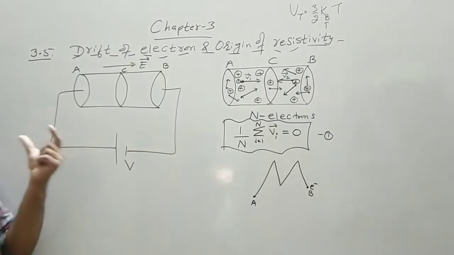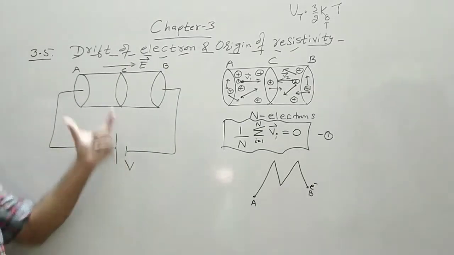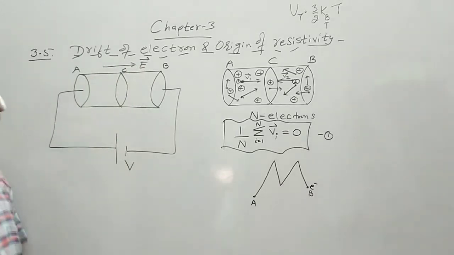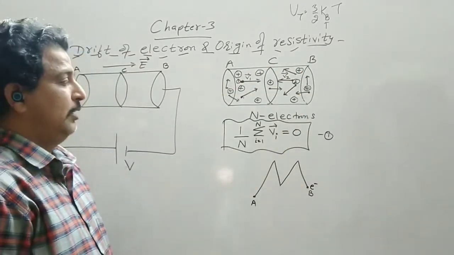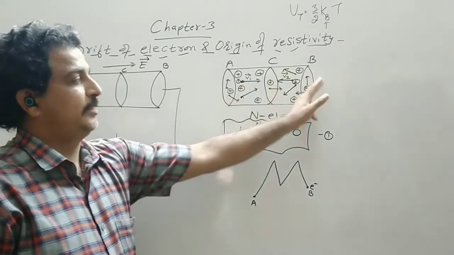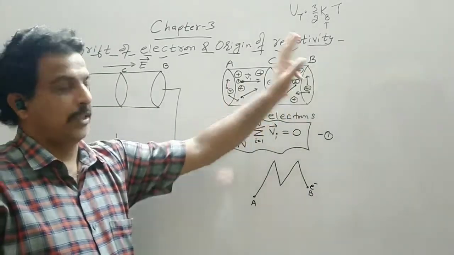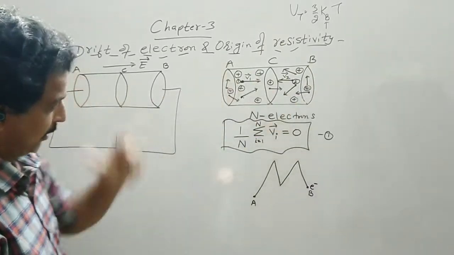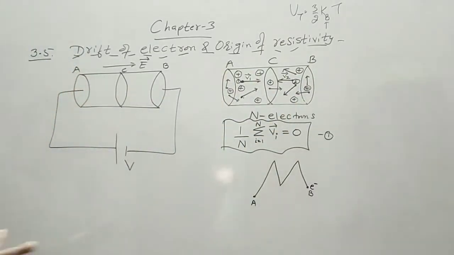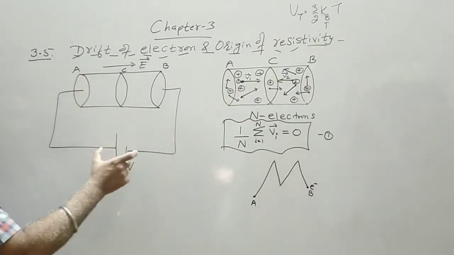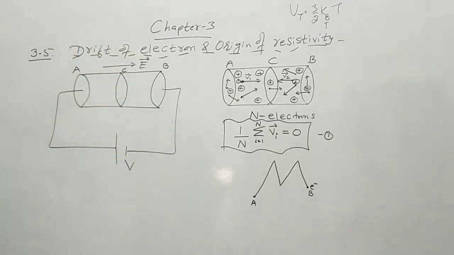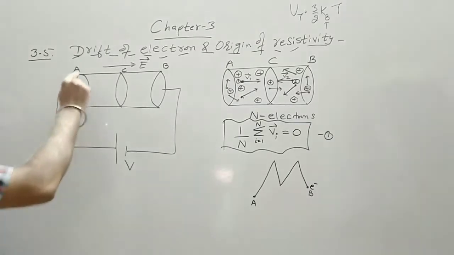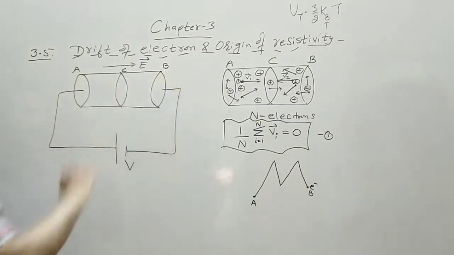Now as soon as the electric field is established, some electrons were moving towards this side, say towards the cross section B, some were moving towards the cross section A. Now what will be the effect of this battery or this electric field? So this is plus, this is minus.